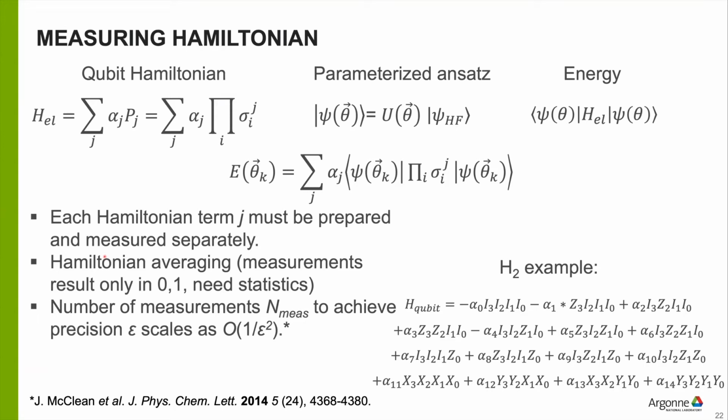So you really need to do this multiple times, and the more times you do it, the smaller the error in the energy is. This is contrary to deterministic classical computers, where you basically solve it once, and no matter how many times you solve it on a classical device, you'll always get the same results if everything is working properly. And in a quantum world, you need to perform multiple measurements to increase the precision.